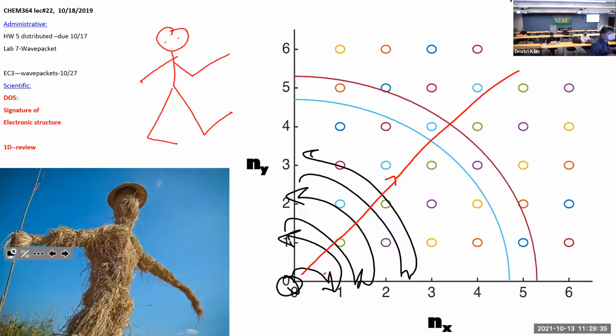So now I am out of ideas how to make it entertaining, but the energy will be nx squared plus ny squared. So when a Strowman is at a certain point, these little circles are eigenstates labeled by two quantum numbers.